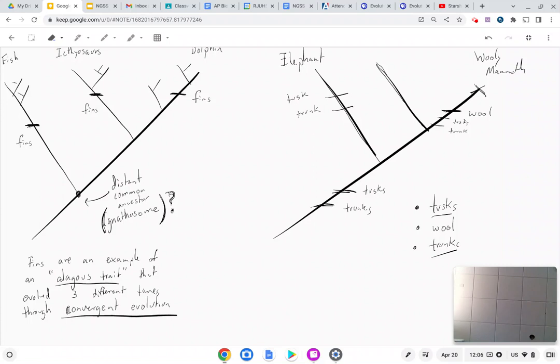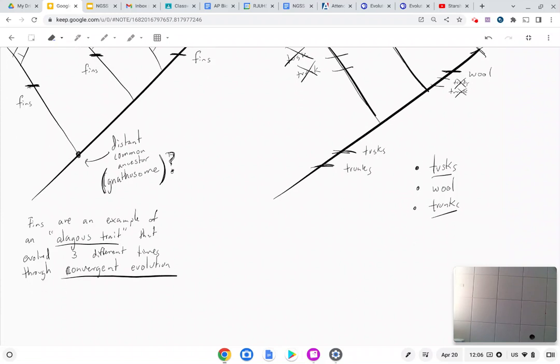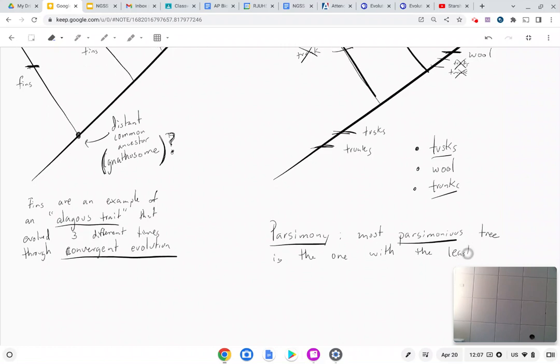And the reason that you think that, and by the way, your judgment is very right. You're very right in thinking that that's probably not the way that it happened, because of the concept of parsimony. So parsimony, or the most parsimonious tree, is the one with the least number of derived traits.